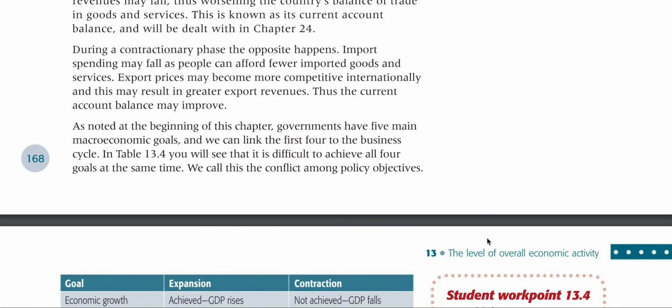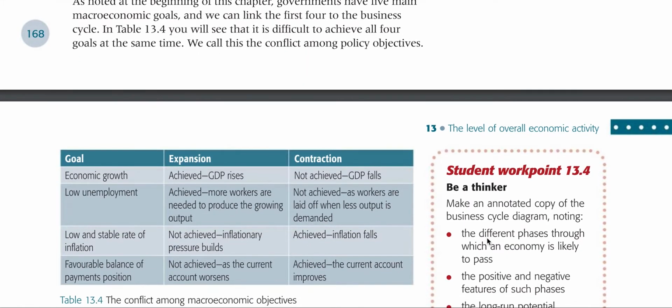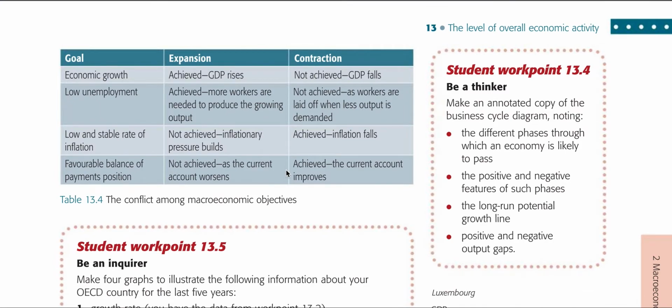So the business cycle itself can explain or impact 4 of the 5 different macroeconomic objectives. Obviously, economic growth can be explained by it: rises in GDP, or falls in GDP in a bad economy. Unemployment can be explained. Obviously, while you're rising, you're going to need more and more workers. And then at the boom, you'll have the highest employment, less employment in a contraction.